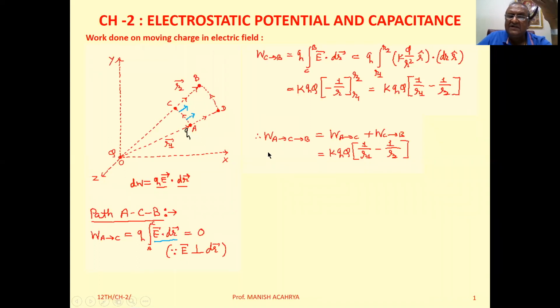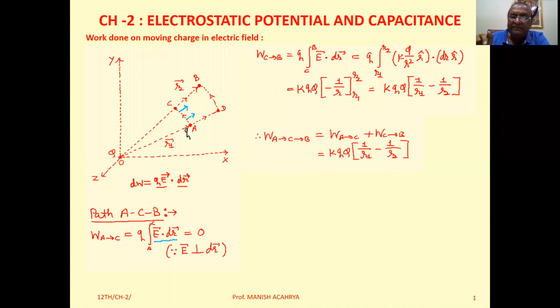It implies that the total work done on the path ACB is equal to KQq into 1 upon R1 minus 1 upon R2. Clear?